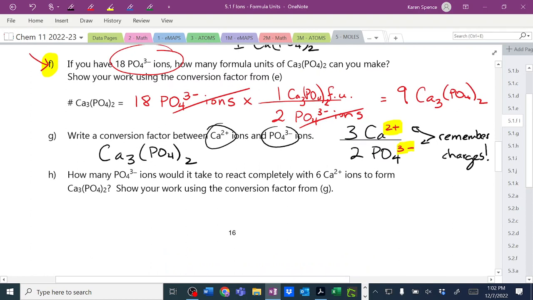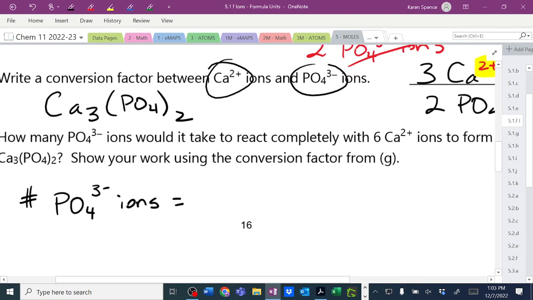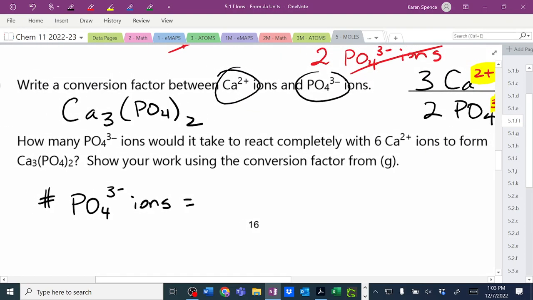How many phosphate ions would it take to react completely with 6 calcium ions? So what's my unknown? Phosphate ions. So I want to know the number of PO4 3 minus ions. That's what I don't know. What am I starting with in this question? We are starting with 6 calcium ions.